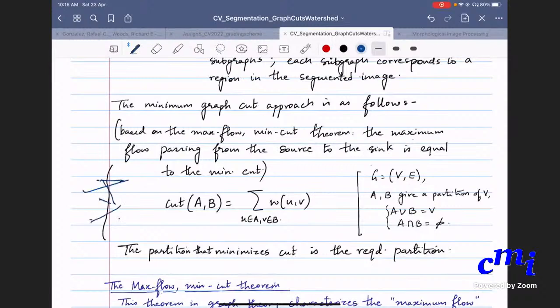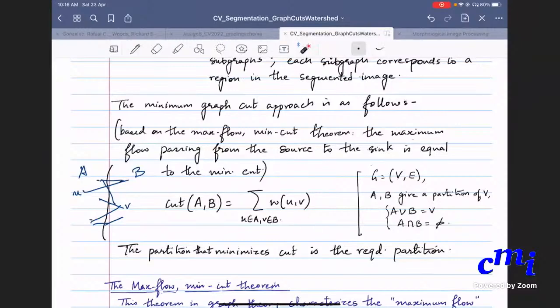I'm just drawing a few, but you have more, and there are weights on all these edges. So here is your A and this is B, and you're looking at the sum of weights of edges which join a vertex U in A with a vertex V in B. So look at all such pairs and take the sum of their weights. That is defined as the cut between A and B. This is the quantity that we seek to minimize.